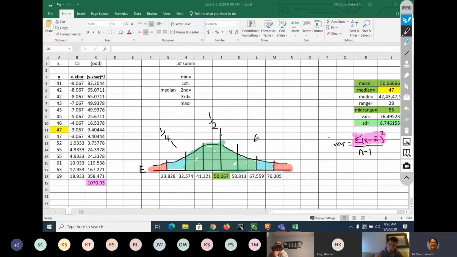And then this would be what? 3/4, which is your third quartile or your 75th percentile. And this is full. So you're trying to find the number that represents the quarter of the population, half the population, 3/4. This is called your first quartile.